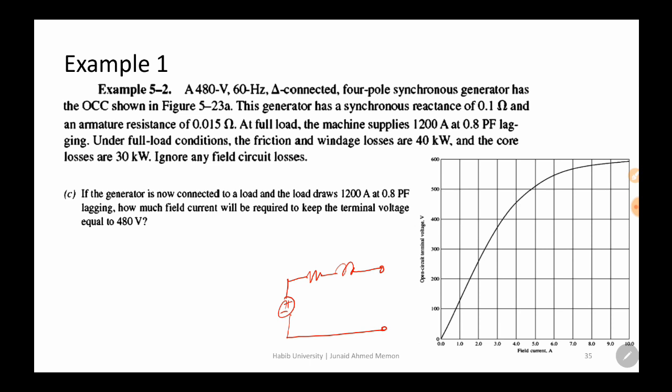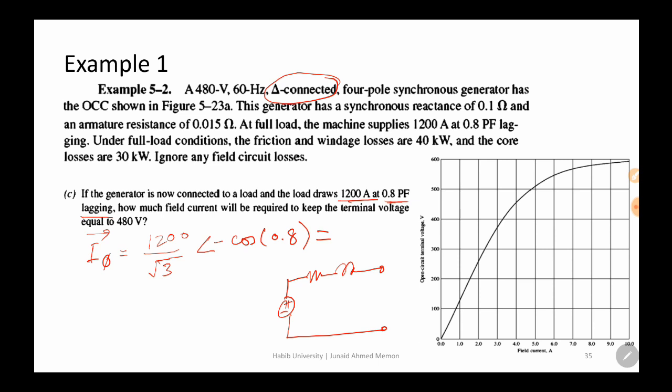We are drawing a current of 1200 amperes at the load, and we are connected in delta form. So our phase current will be equal to 1200 divided by √3, and let's write this in phasor form and add the power factor as well. The angle would be, since it's lagging, minus cosine inverse of 0.8.